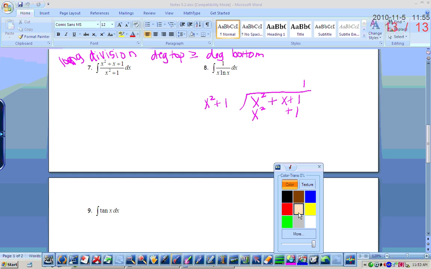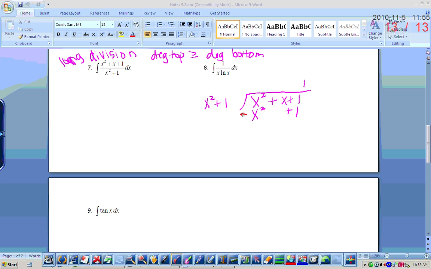What's the next step? Good. You have to go through and change all the signs, or subtract everything. And when you do that, what are you left with? Just x, because the 1 minus 1 cancels. So that's your remainder. The remainder is important in calculus because this whole expression, x squared plus x plus 1 divided by x squared plus 1, is equivalent to 1 plus the remainder over the divisor.